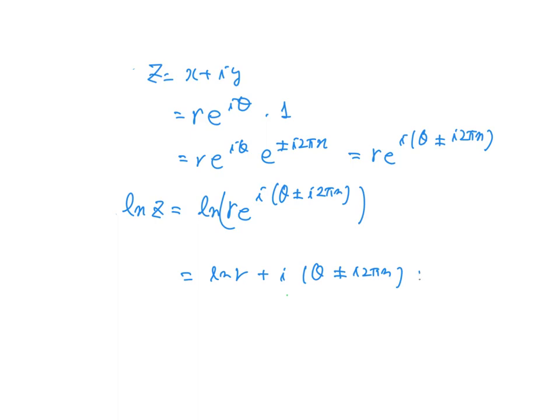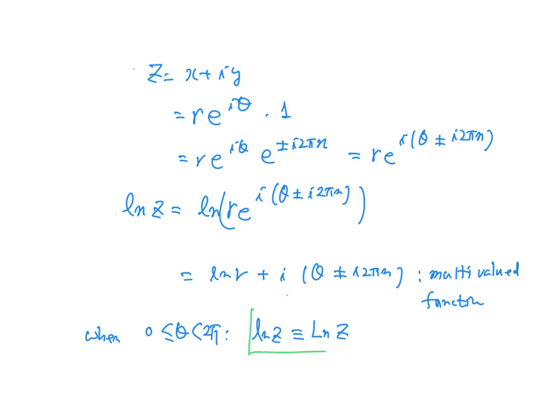So this is a multivalued function. And when theta is from 0 to 2 pi, we represent it as big Ln z.